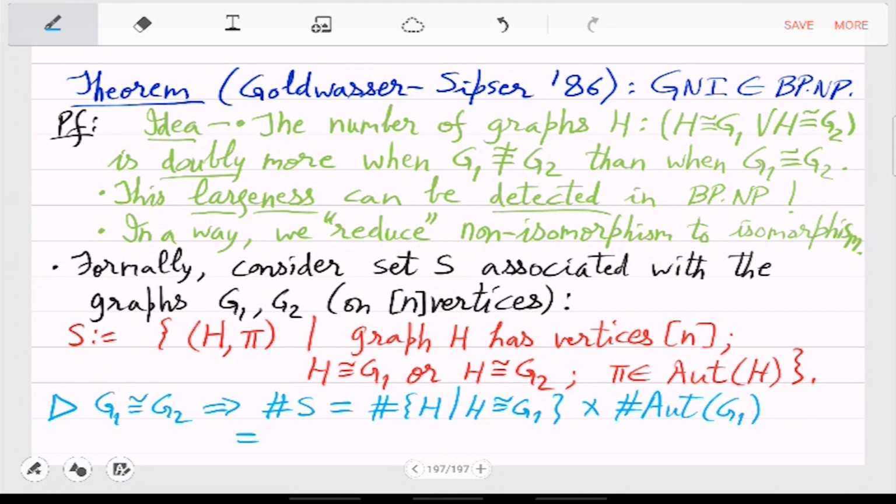That actually simplifies our calculation for S, because how many graphs are isomorphic to G1? That is the number of permutations, and out of these you have to divide by how many permutations are giving you the same graph H. So that's the number of automorphisms of H. And then you are multiplying by the number of automorphisms of G1.